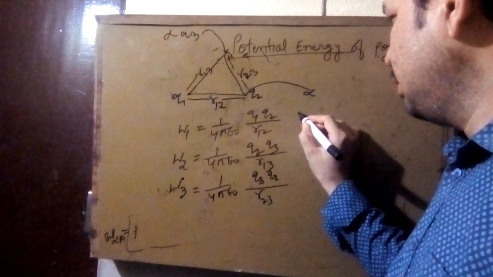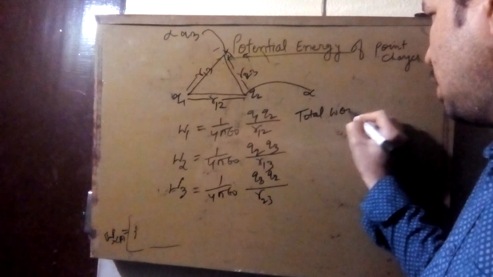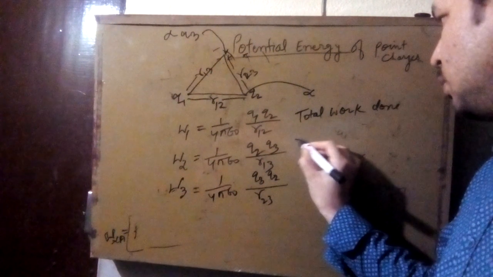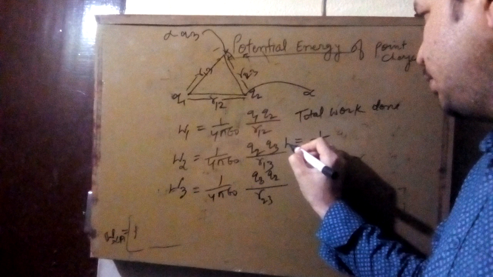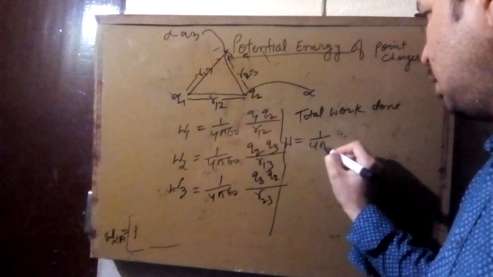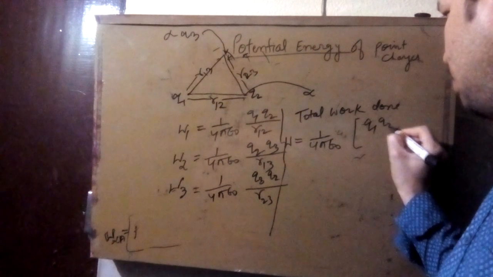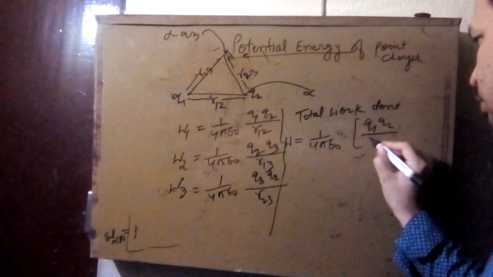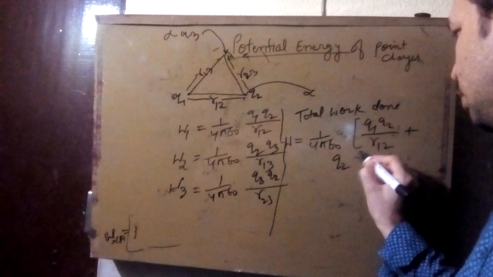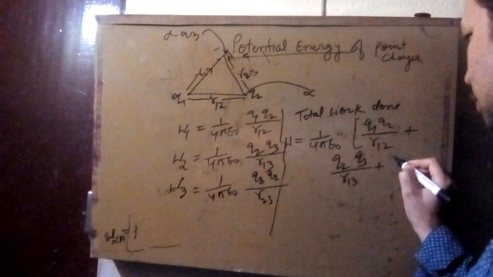So you can write here total work done. Suppose it is W. That is equal to 1 by 4 pi epsilon naught, which is common, times Q1 Q2 by R12, plus Q1 Q3 by R13.